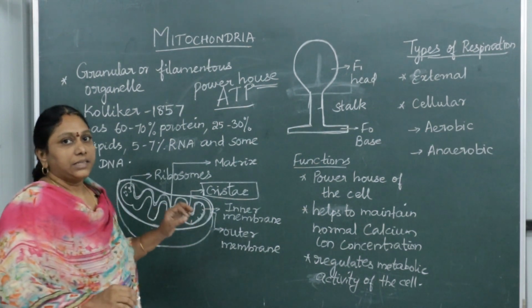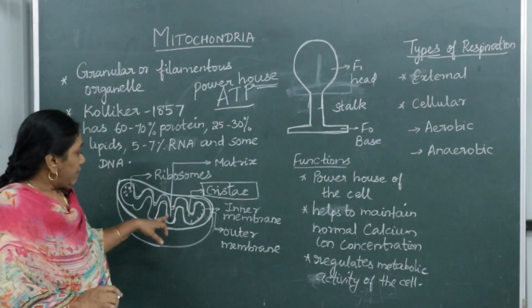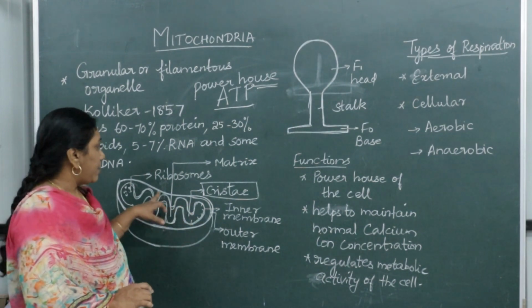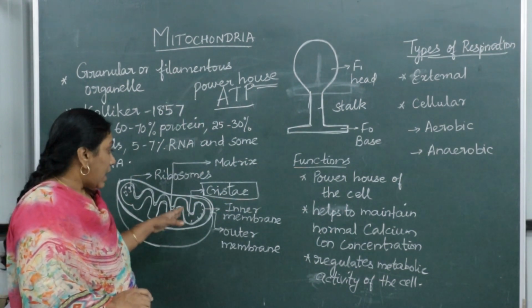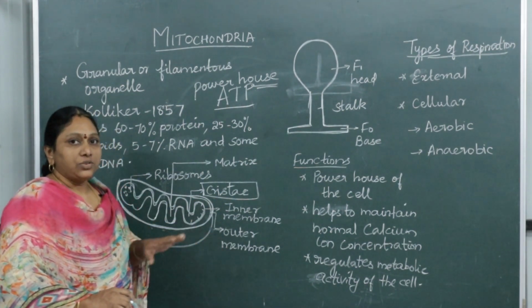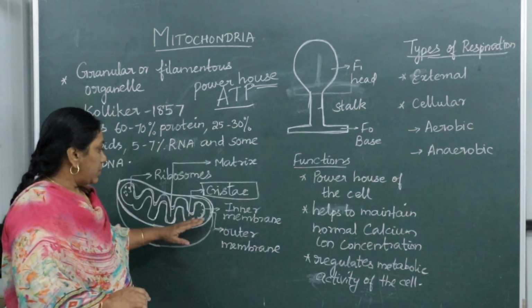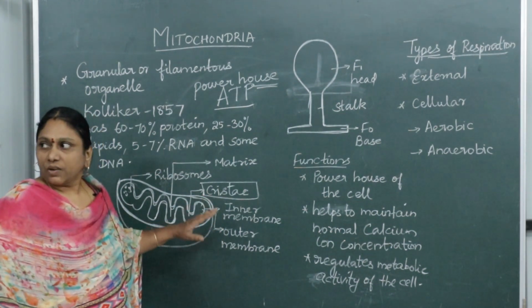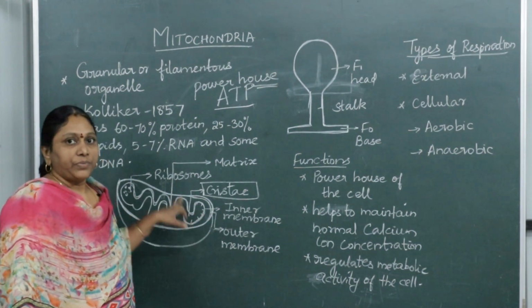They are the minute finger-like projections found in the inner membrane of the mitochondria. Unlike the outer membrane, the inner membrane is not freely permeable, that is, it is semi permeable. Like a security guard, it does not let everyone in, only those who are needed can go inside.